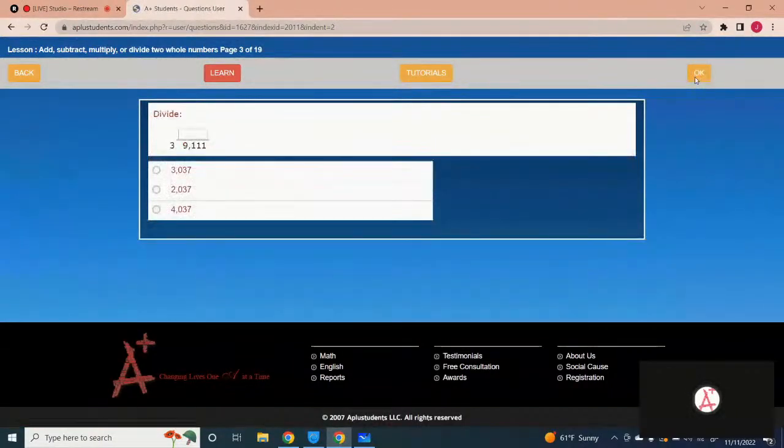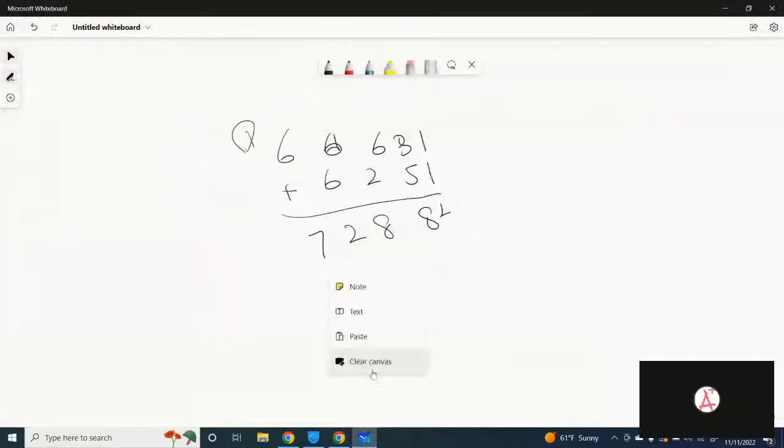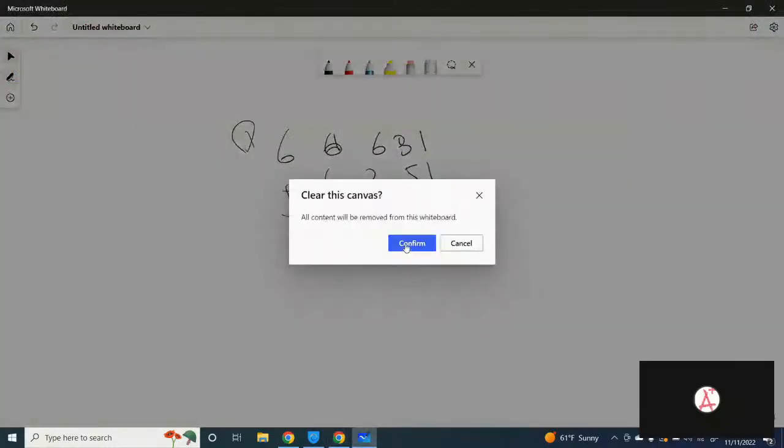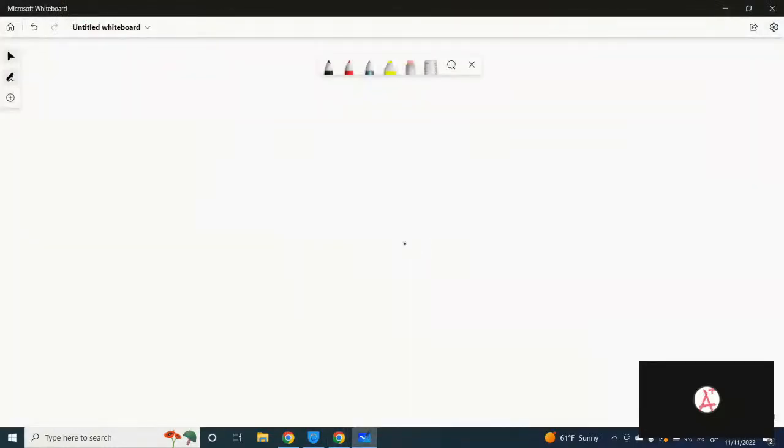Okay, you have to divide 9,111 by 3. Start counting the table of 3 until we get 9. 3 times 3 makes 9, and 9 minus 9 makes 0.